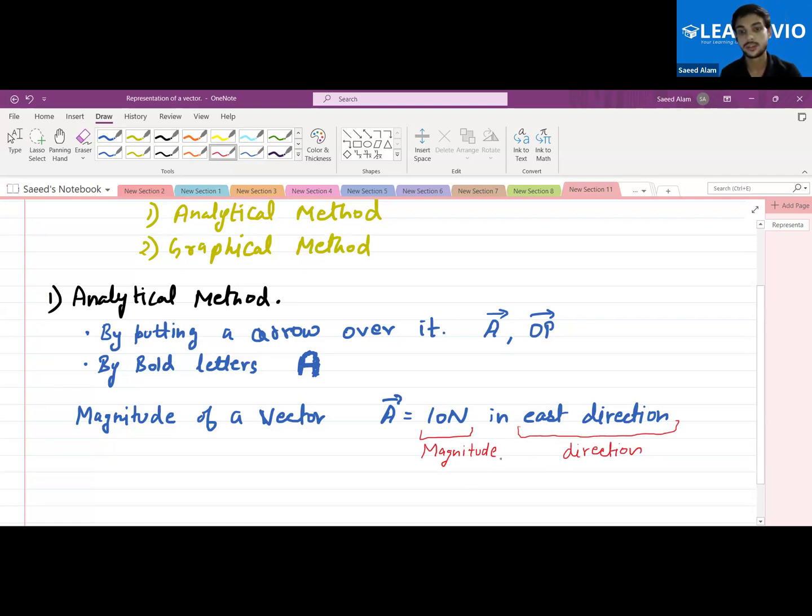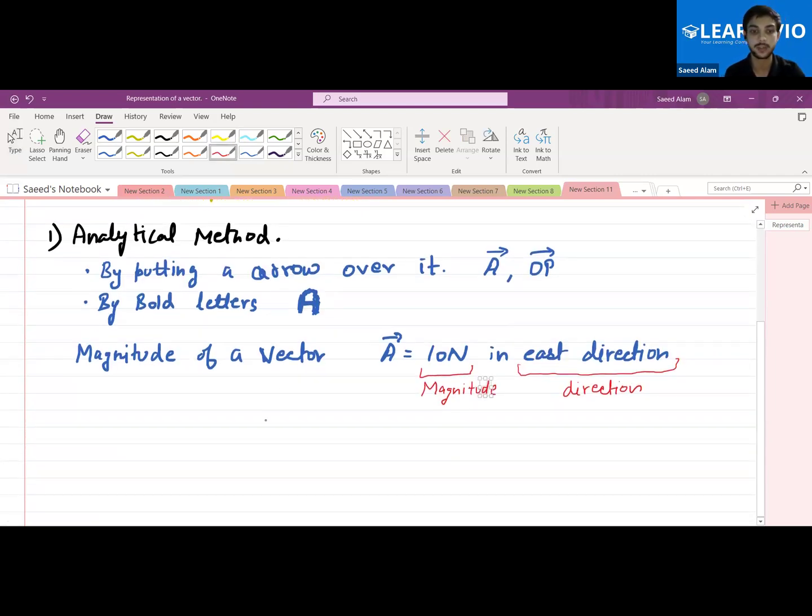What is the easy way if we don't know the exact magnitude? If I'm saying that A is a vector, and I'm representing it like this, that means it is a vector. If I need to represent the magnitude of A, I'll put it in between two bars.